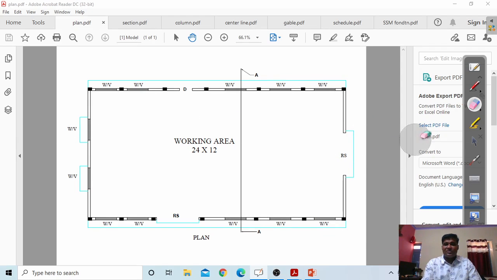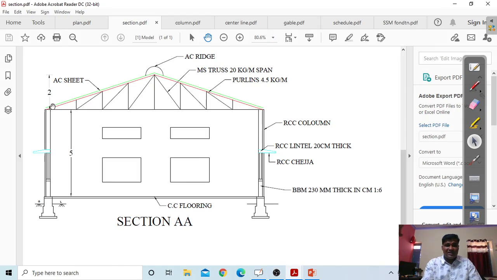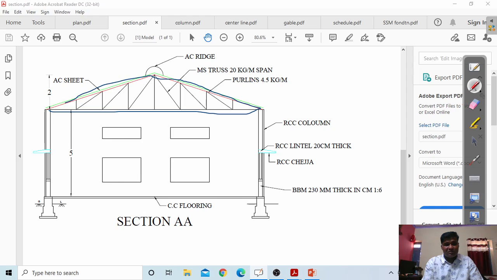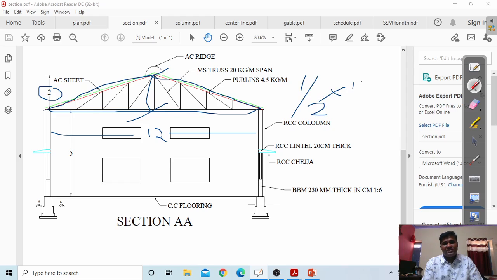ends. Since in the section it is a triangular portion, this total end will be completely sealed. The internal dimension is 12 meters and the height is from here to here, 2 meters. Since it is a triangle, half into base is 12 meters into 2 as the height.